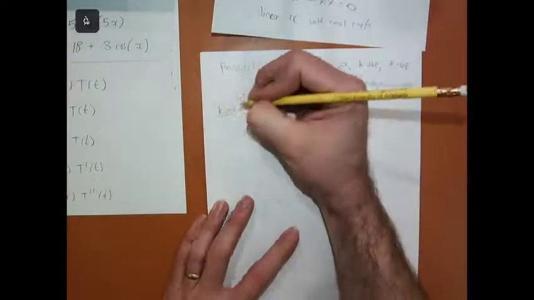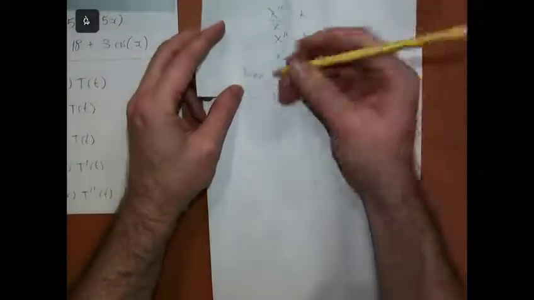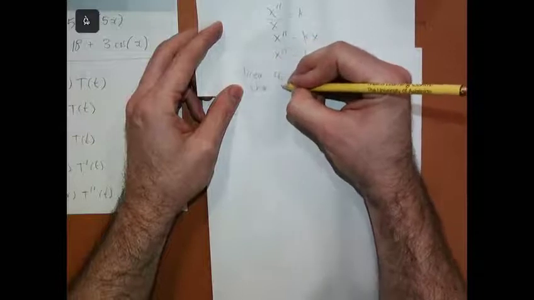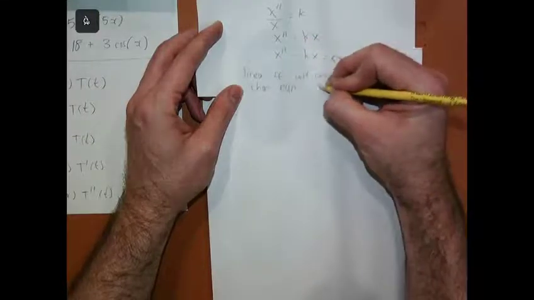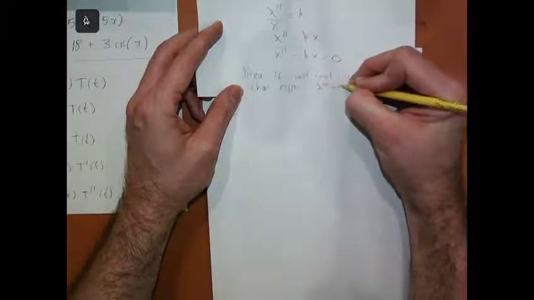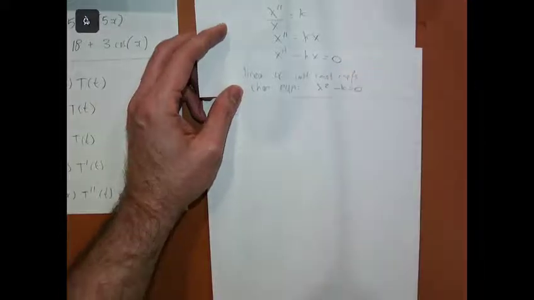K equals 0. Okay, when k is equal to 0, I get... Damn, I should have done something first. Sorry about that. The characteristic equation is lambda squared minus k equals 0.